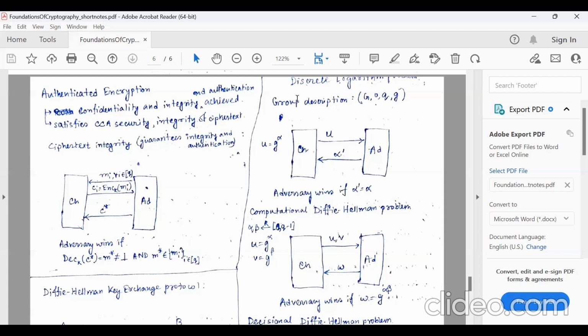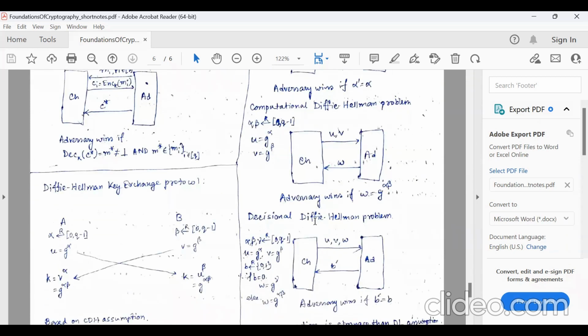And in response, the adversary is supposed to send another group element w such that w is g to the power alpha beta. Again, the computational Diffie-Hellman assumption, or CDH assumption, says that for proper candidate groups, coming up with the correct w is hard for a PPT adversary.